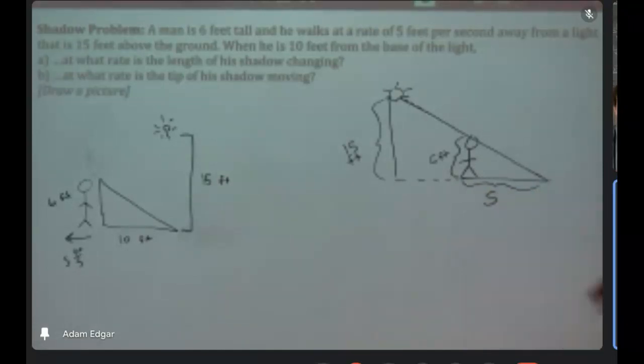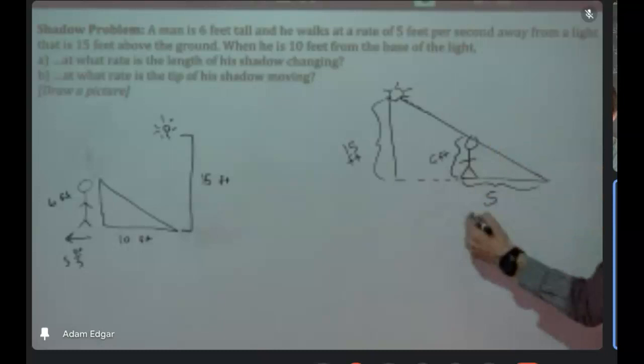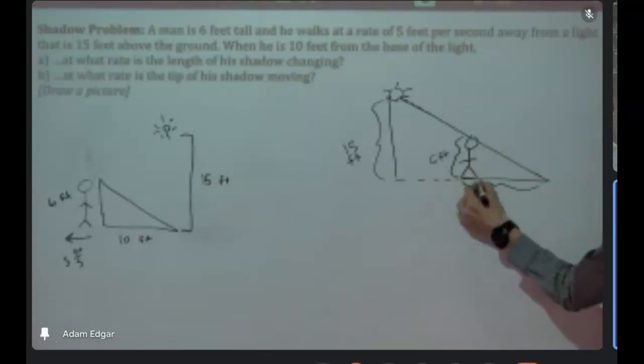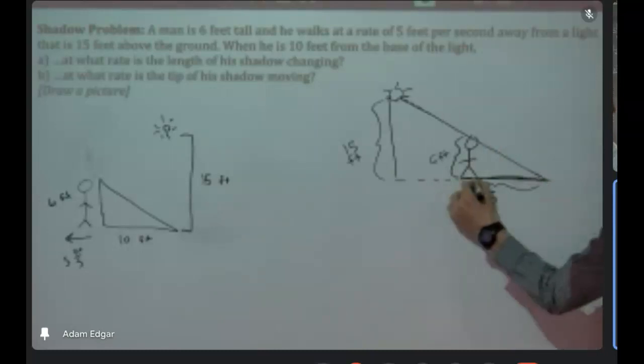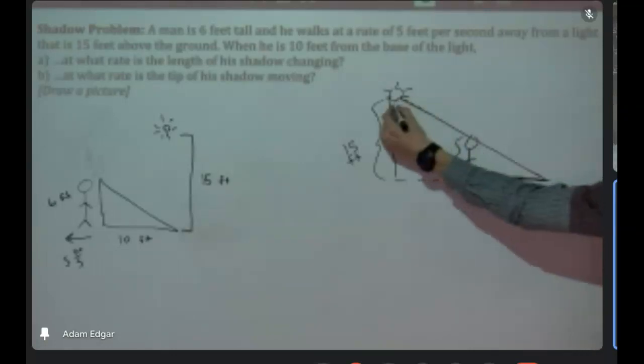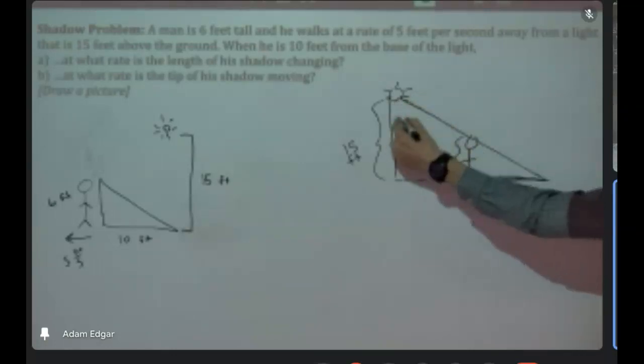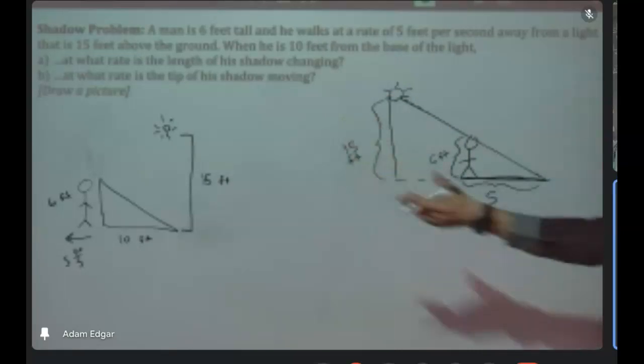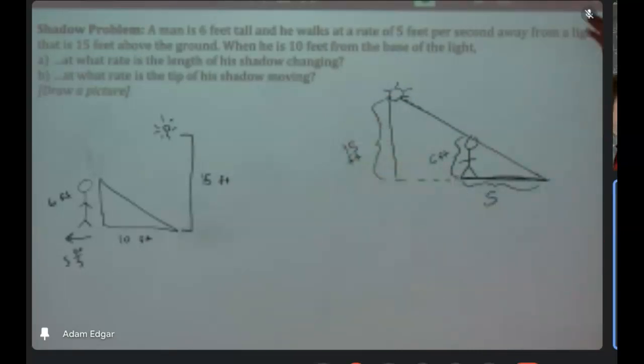So the dude's shadow is from the guy out to the end of this triangle, right? Because if the lamp is further down, like think of a setting sun, as the sun sets in the evening, what happens with your shadow? It gets really long, right?